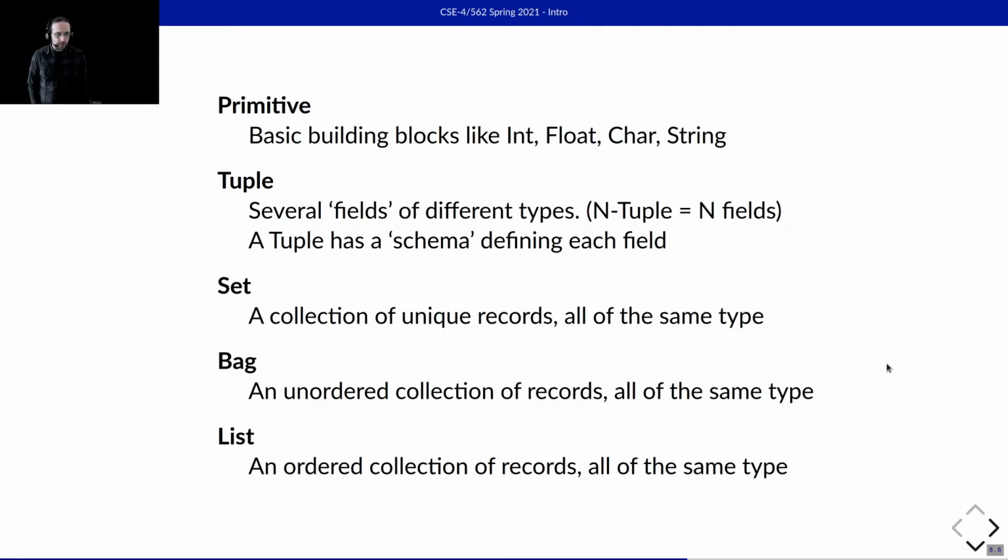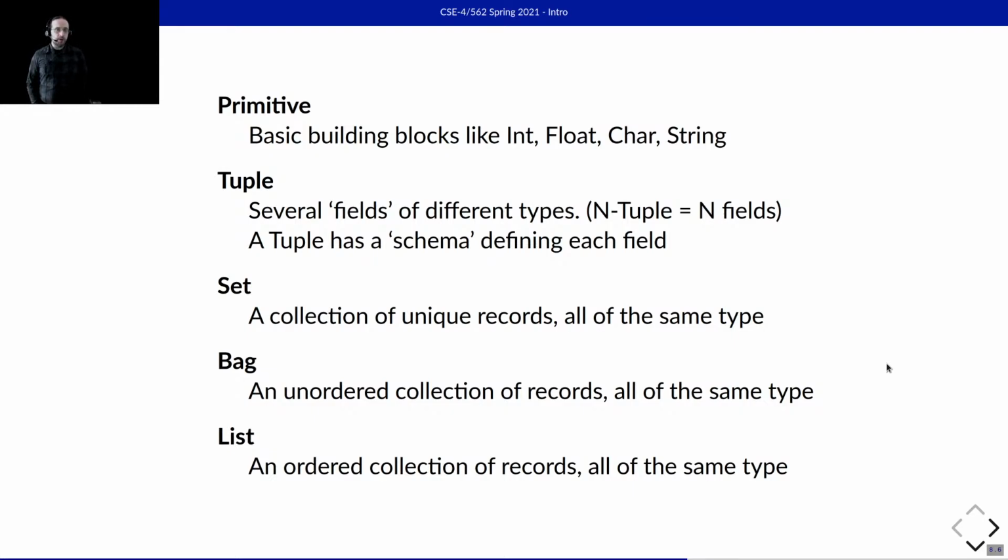They are all the same type of primitive. They are all the same tuple type, what have you. A bag is like a set, but lifts the uniqueness constraint. It is an unordered collection of records, and all of those records have the same type. And then a list or a sequence is an ordered collection of records.